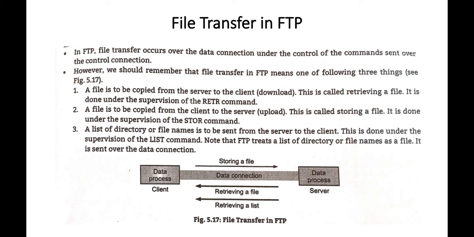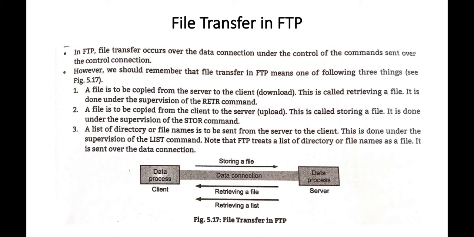After the connection establishment, the actual file download and providing the list of directories can be done over the data connection. For storing a file we use the store command, which means the client uploads their file to the server disk. For retrieving a file, meaning the client downloads some file from the server disk to the client computer, we use the retr command.